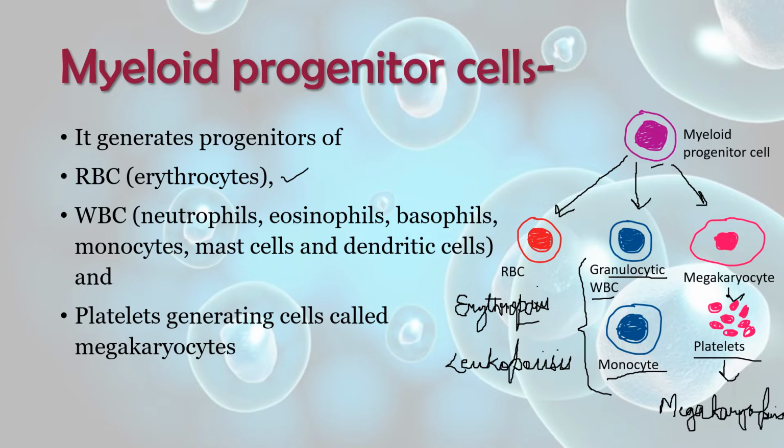So the myeloid progenitor cells can do leukopoiesis, erythropoiesis or megakaryopoiesis, and it leads to the formation of red blood cells through the process of erythropoiesis, formation of WBCs, monocytes and also dendritic cells in the process of leukopoiesis, and also the formation of platelets in the process of megakaryopoiesis.